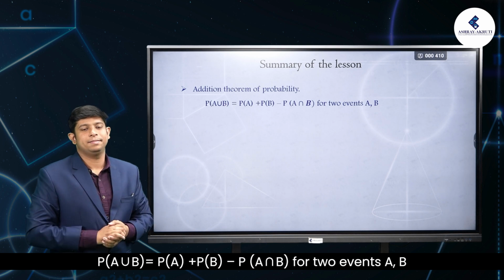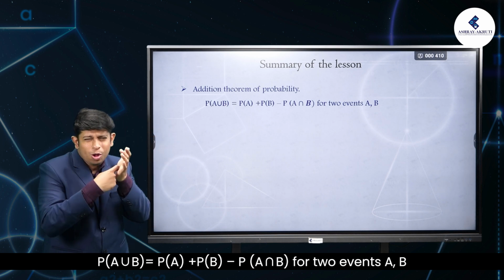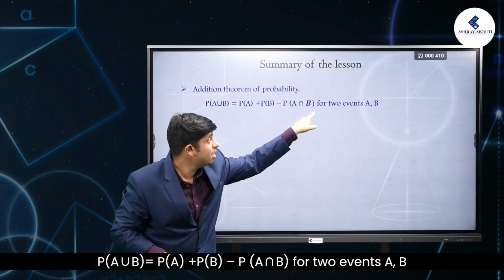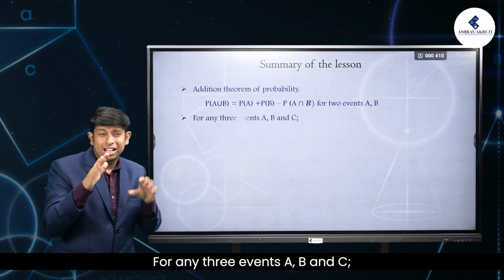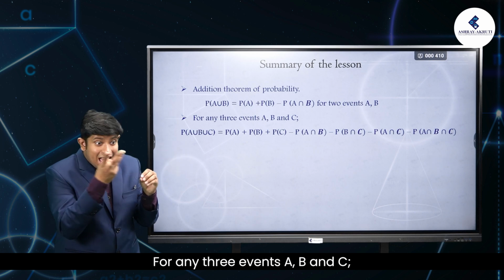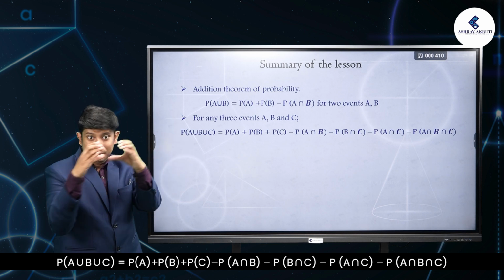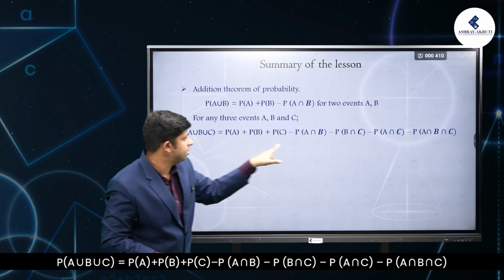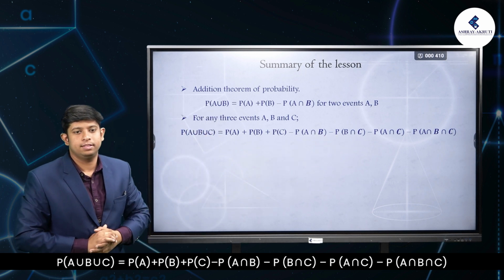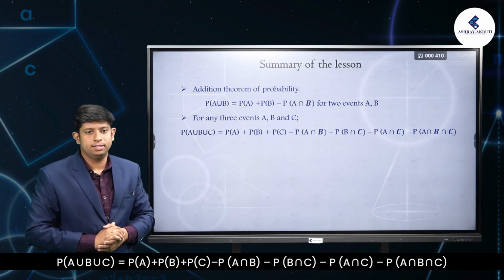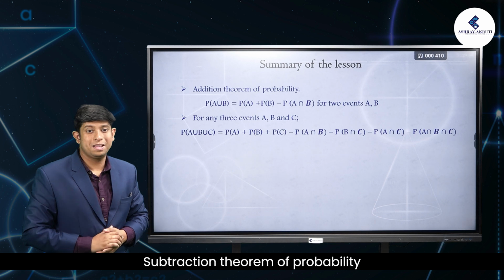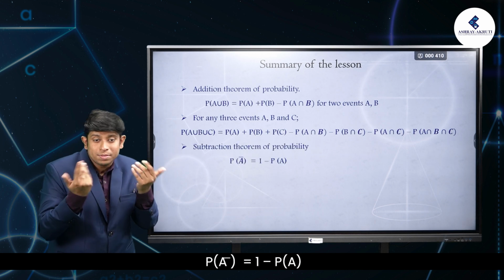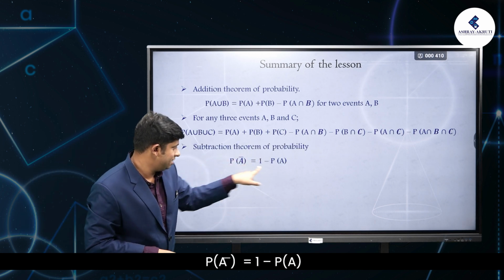P of A union B is equal to P of A plus P of B minus P of A intersection B for two events A, B. For any three events A, B and C, P of A union B union C is equal to P of A plus P of B plus P of C minus P of A intersection B minus P of B intersection C minus P of A intersection C plus P of A intersection B intersection C. Subtraction theorem of probability. P of A dash is equal to 1 minus P of A.